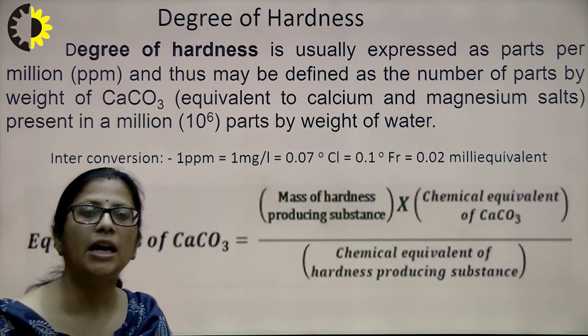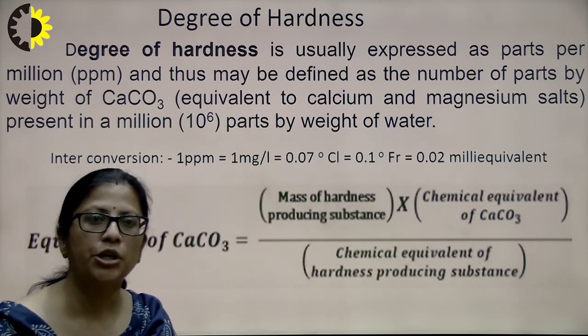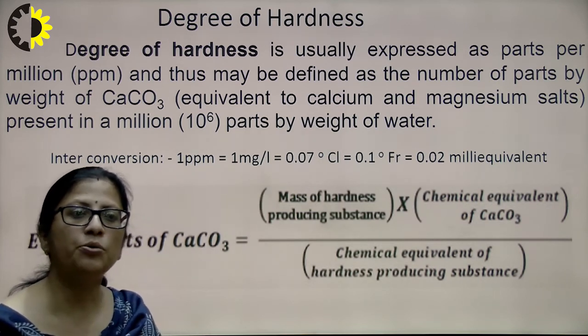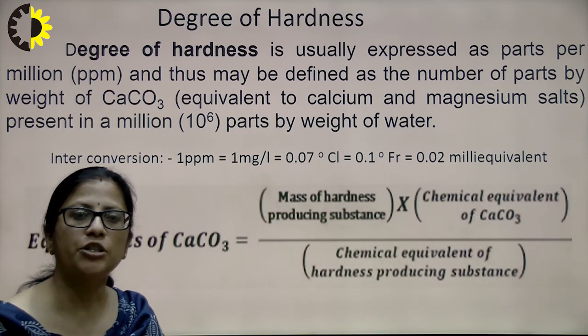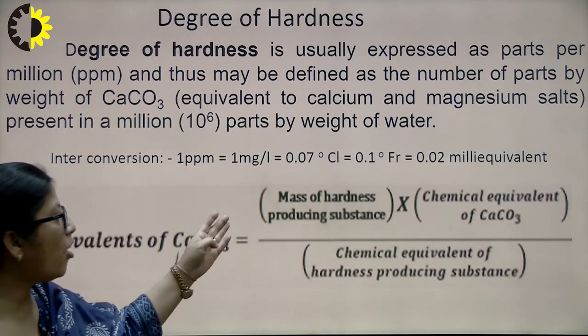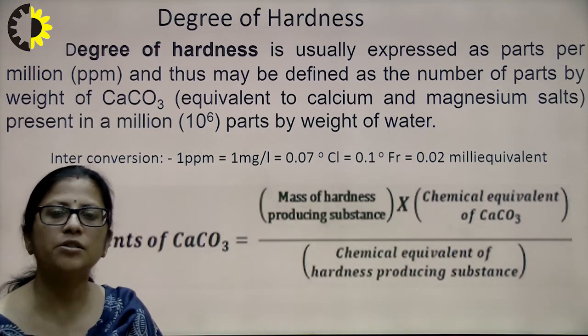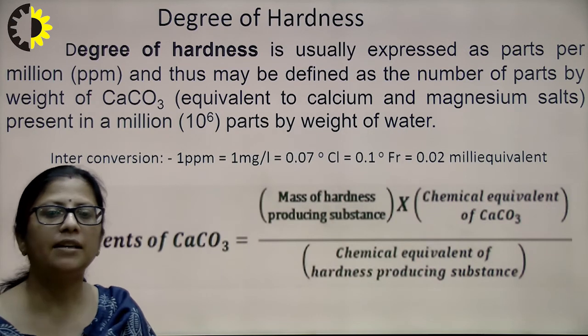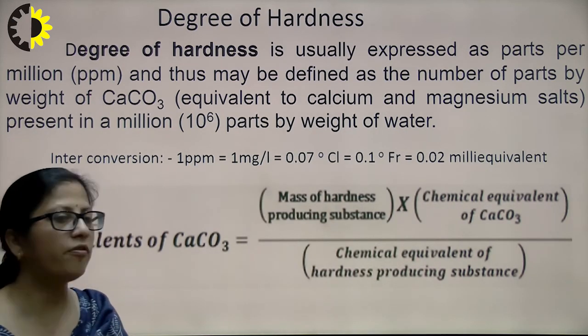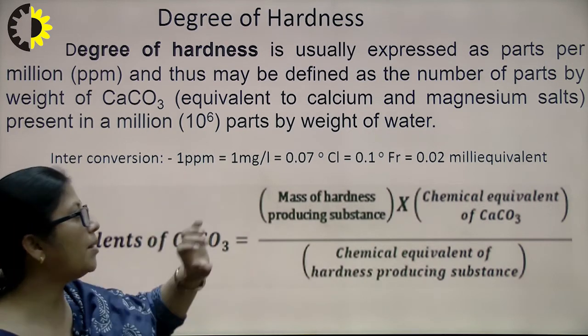So this is the degree of hardness. And if we want to change the hardness into equivalence of calcium carbonate, then this is equal to the mass of hardness producing substance into chemical equivalence of calcium carbonate divided by chemical equivalence of hardness producing substance. This interconversion I am going to take later.